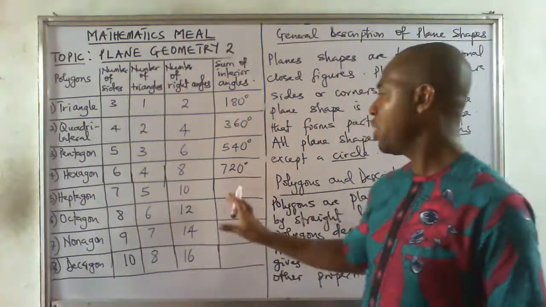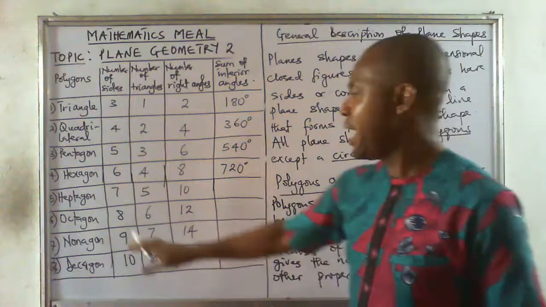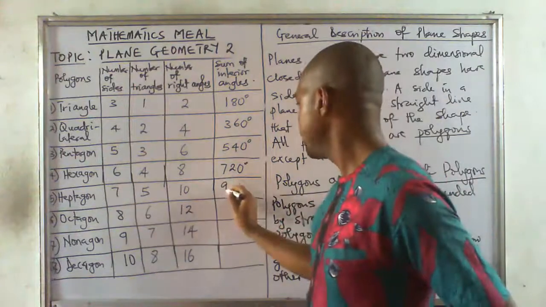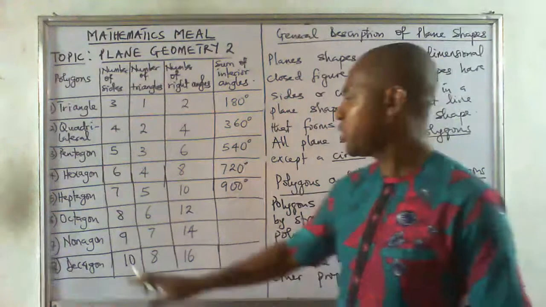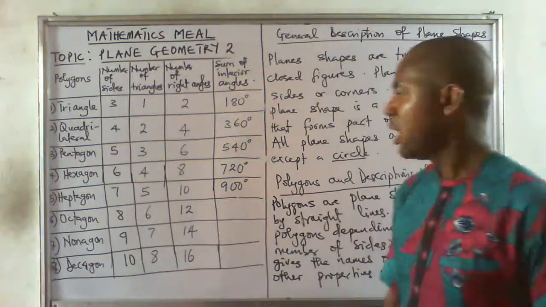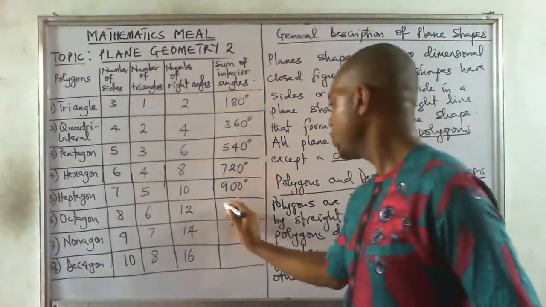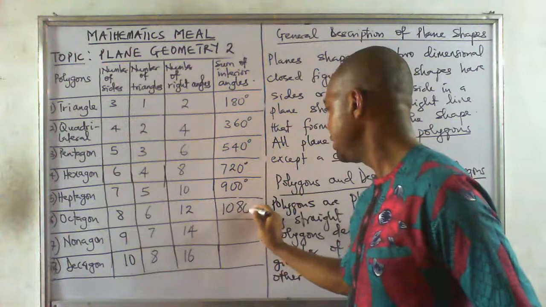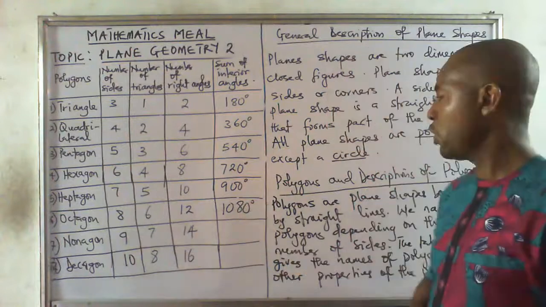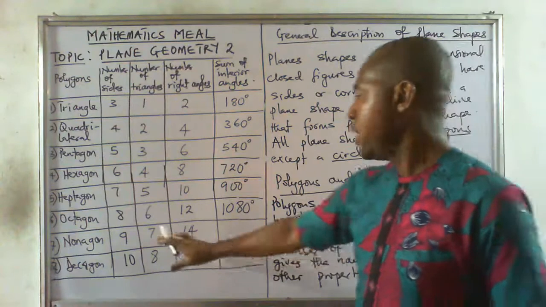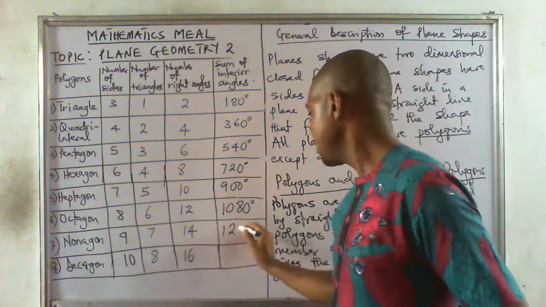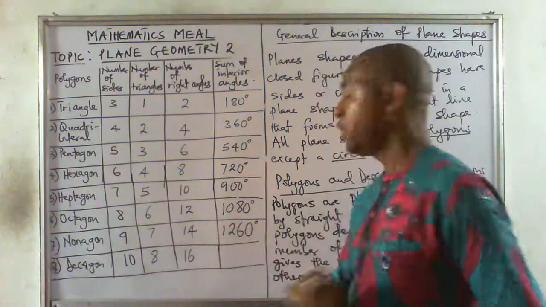Sum of interior angles in a heptagon will give us 900 degrees. Now, sum of interior angles in an octagon will give us 1080 degrees. Now, sum of interior angles in a nonagon will give us 1260 degrees.